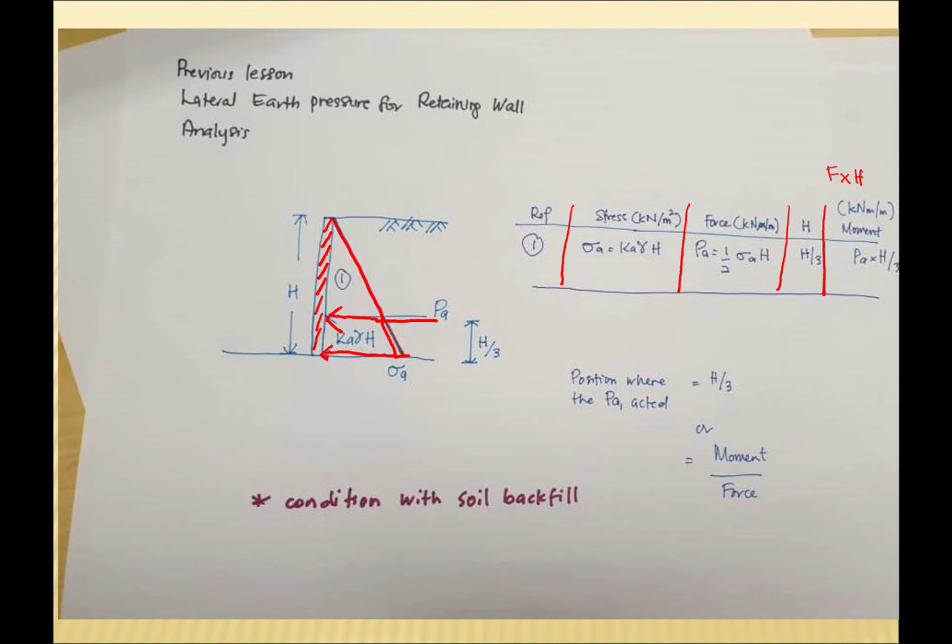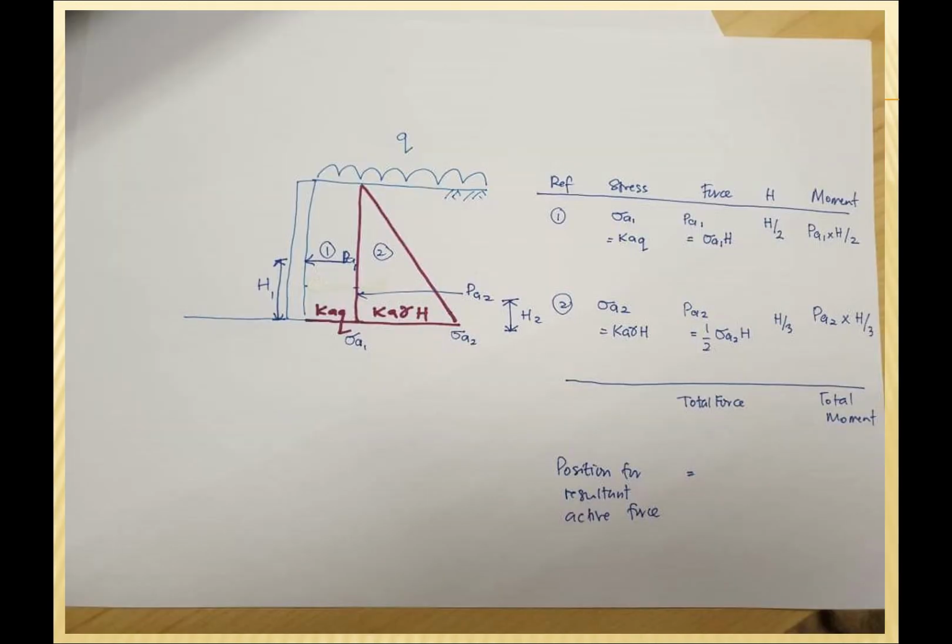And to find the position where the PA1 acts, if you have just a single diagram, it is simple to look at the diagram, and since the diagram is a triangle, the position will be H over 3. Or if you want the general equation that we use, it is moment divided by force.